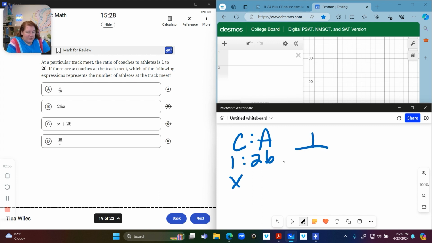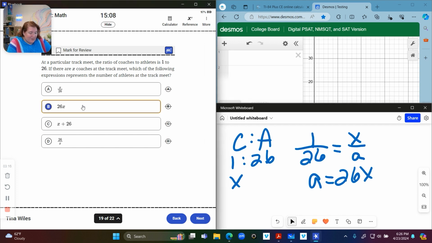So I have coaches to athletes equals coaches, and now let's say this is athletes. We're trying to find out how I can represent A. So I'm going to cross multiply here. 1 times A is A, and then I have 26x.